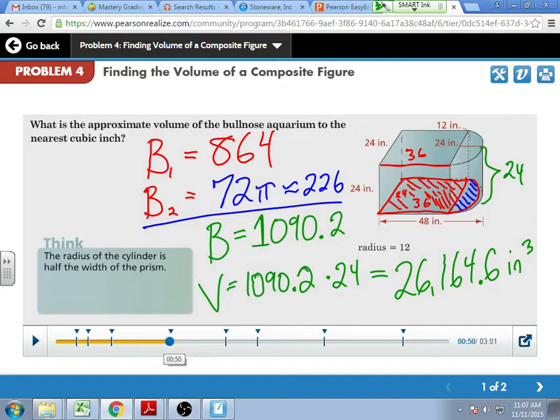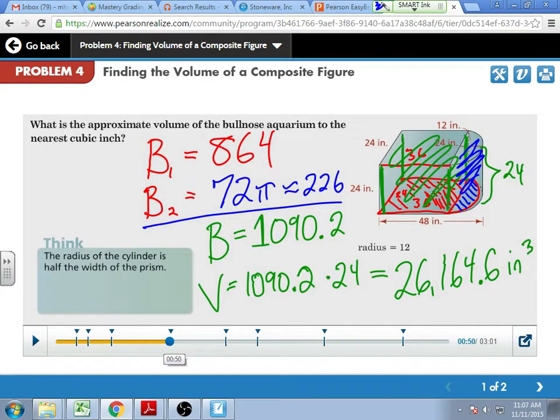Emily? Yeah, so Emily asked a great question. Can we just take the volume of the rectangular portion of the tank, so this whole section, and then find the volume of the semicircle portion, this whole section, and just combine them together?